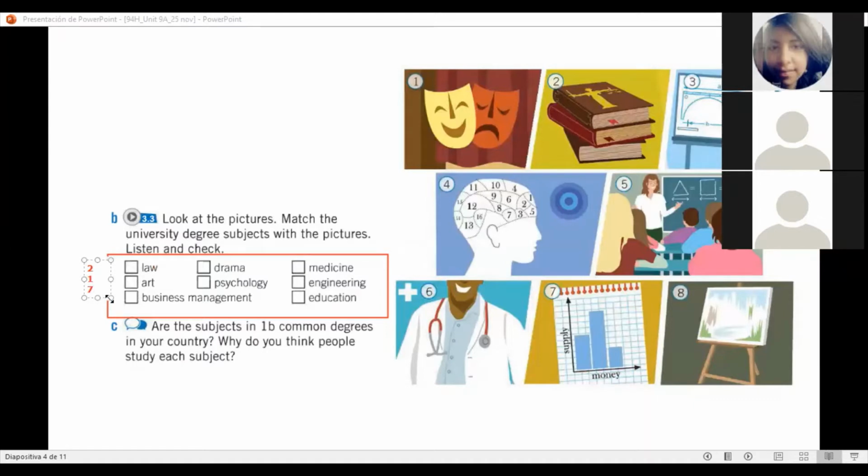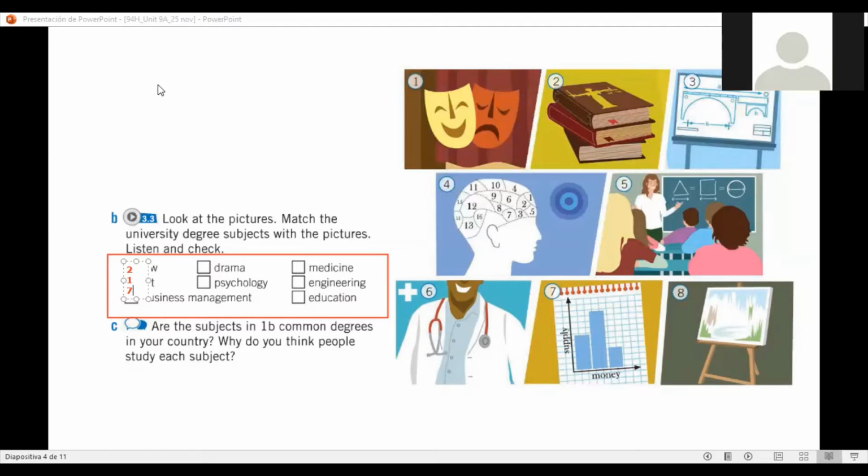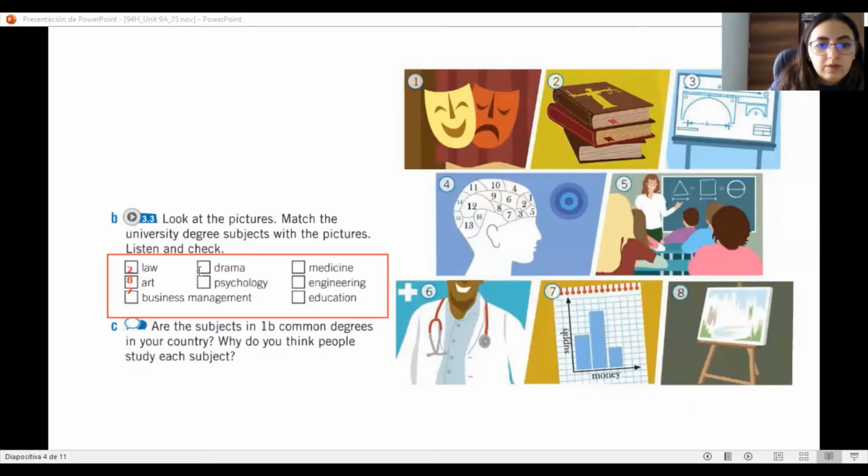Ahí se puede ver un montón de cuadros, ¿no? Good. What about drama? Which one do you think? Number 1. Exactly. Oh, art would be number 8. Good. Sí, vamos a cambiar. Arte sería entonces la número 8 y drama would be number 1.